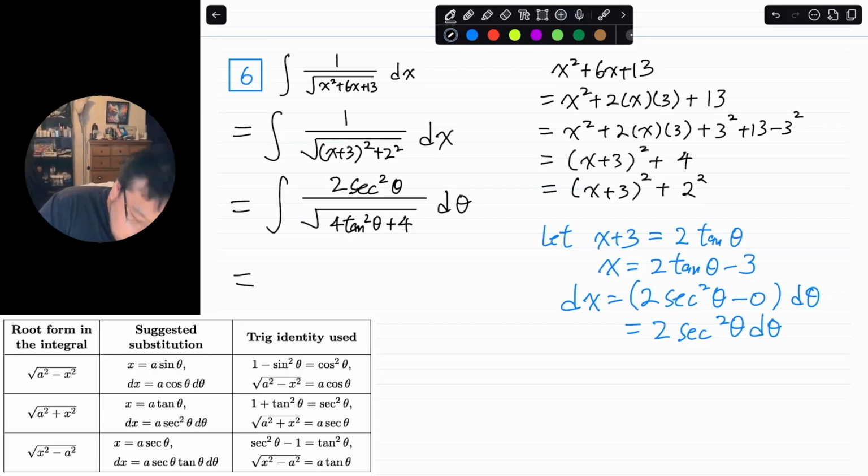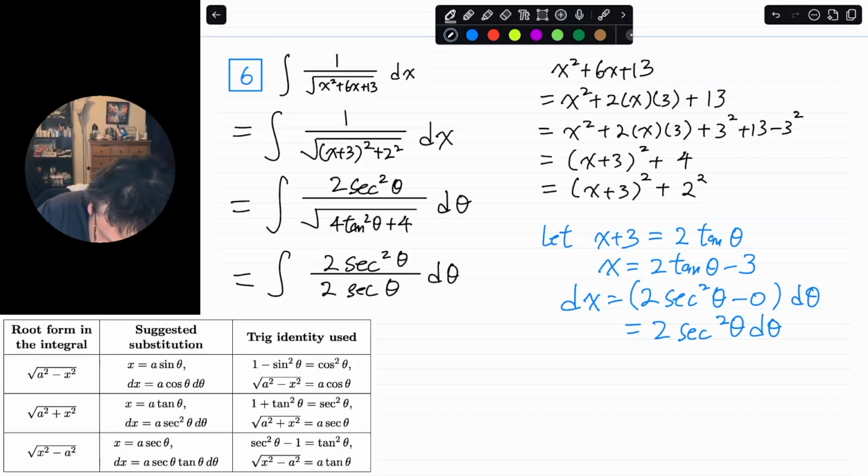And again, we use 1 plus tangent square equals secant square, and then we'll have the integral of 2 secant square theta divided by 2 secant theta d theta. Let me check my math. Looks nice to me. Integrate secant theta d theta.